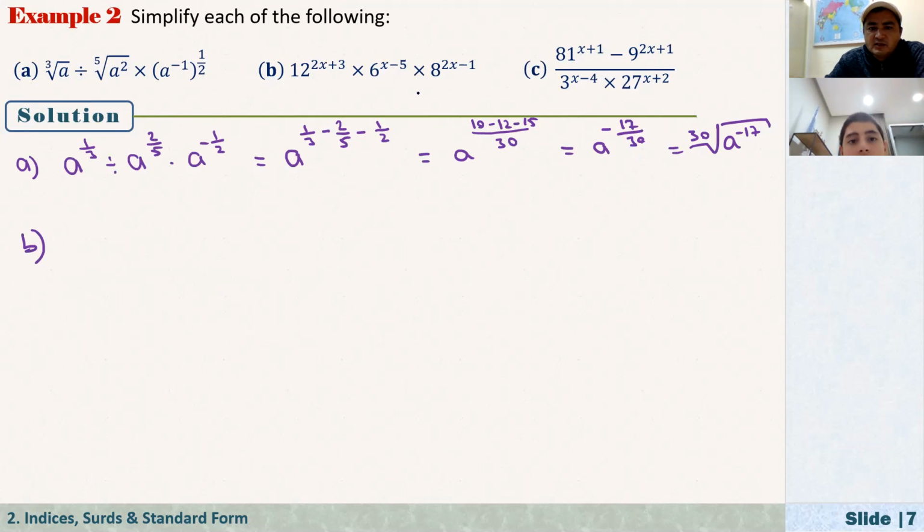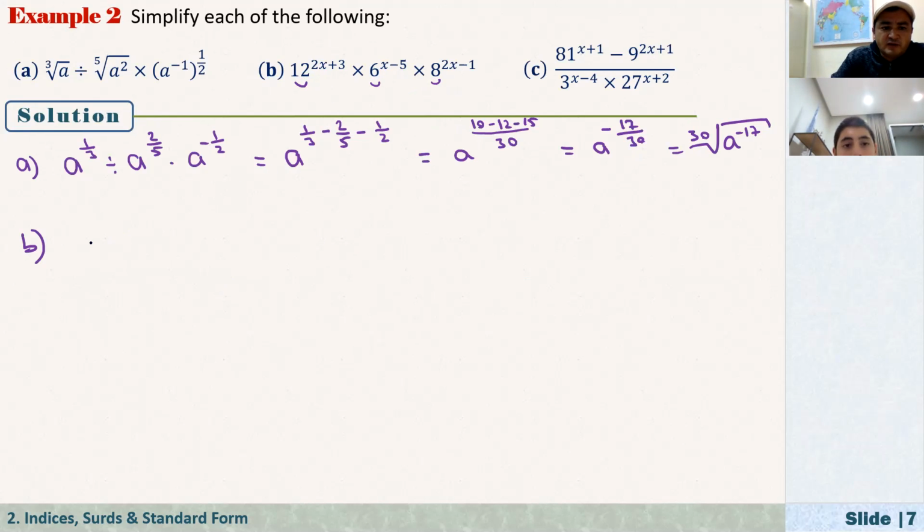Question B also, simplify. How can I simplify this? Here we have 12, here we have 6, here we have 8, right? So actually we need to write the bases. The 12 is a base, 6 is a base, 8 is a base. So we should first write the bases as a product of prime numbers. After that, we can reorganize and simplify this.